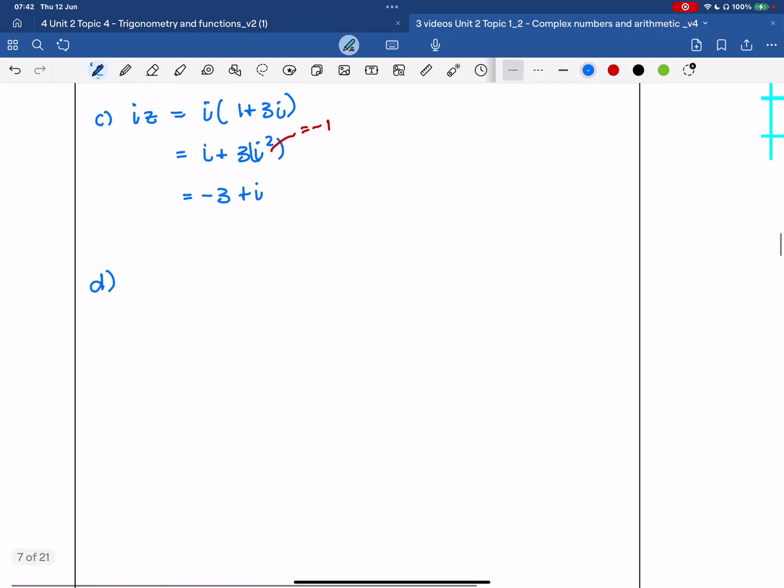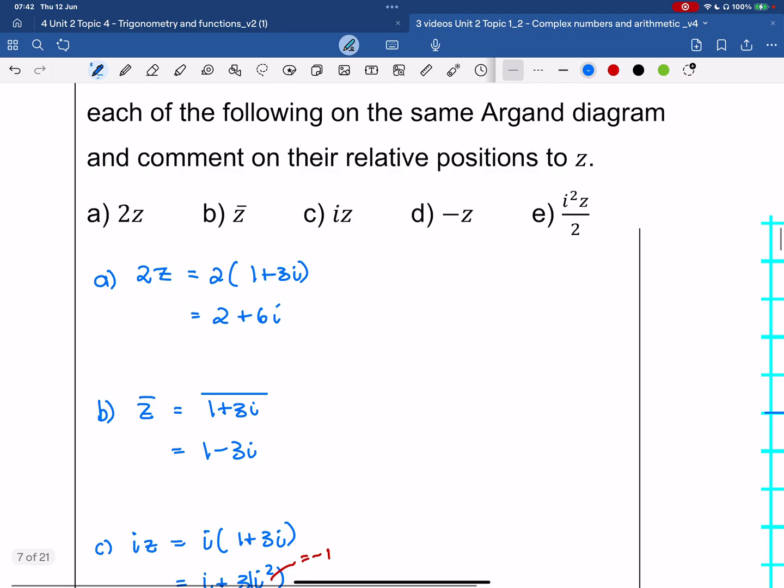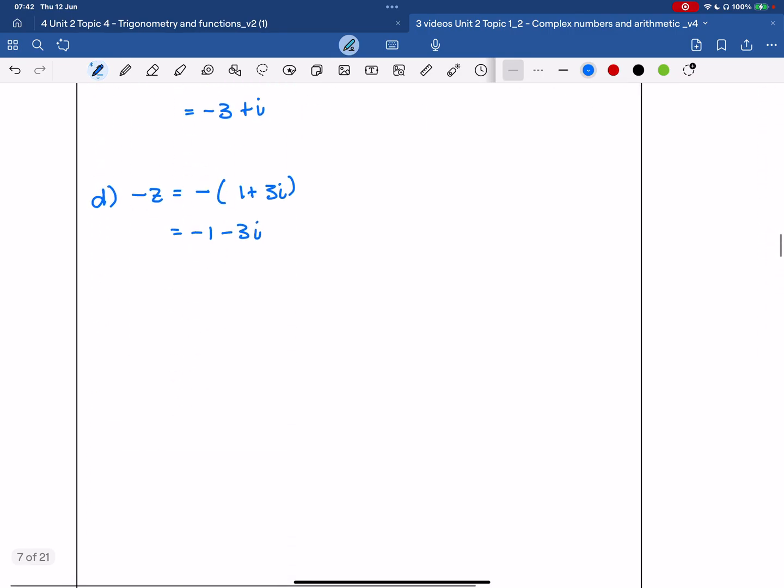Negative z is just going to be negative 1 plus 3i, so it becomes negative 1 minus 3i, and then i squared z over 2. i squared z over 2 is going to be i squared times 1 plus 3i over 2, and we know that i squared is equal to negative 1.